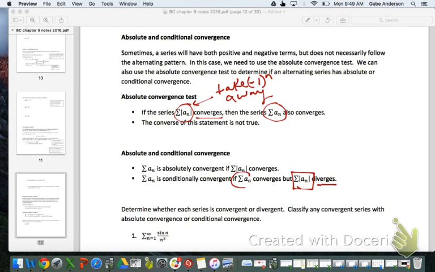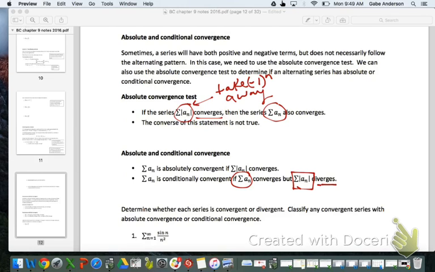But then if we put the plus minus back in there and that allows the convergence, then that's a conditional convergence, right? Because the condition is the series needs the plus or minus. If the series doesn't need the plus or minus, it's absolutely convergent. If the series does need the plus minus, then it's called conditionally convergent.